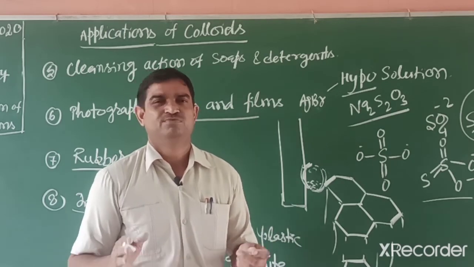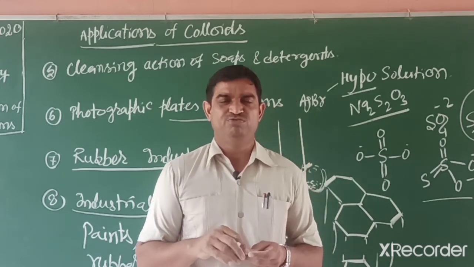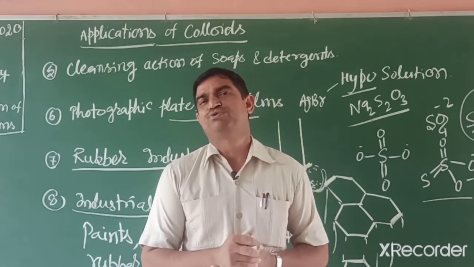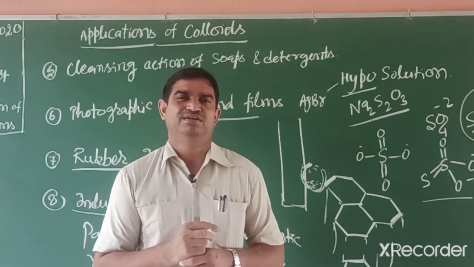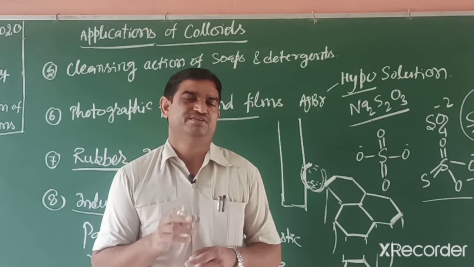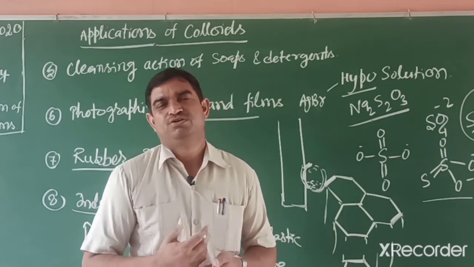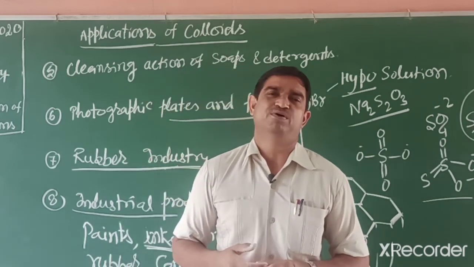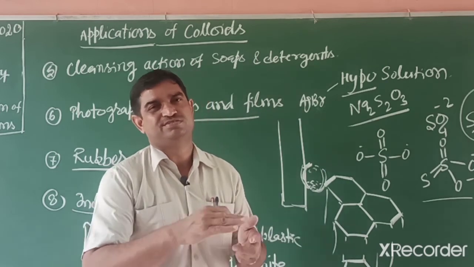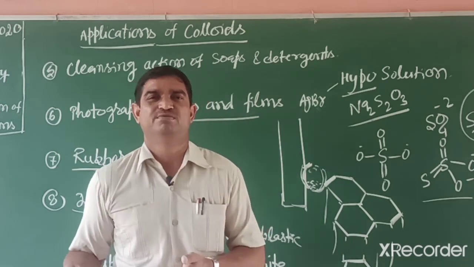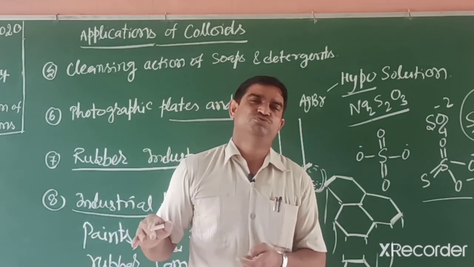Further we studied protection of colloids and gold number: the minimum amount in milligrams of a lyophilic sol needed to protect 10 ml of gold sol from coagulation by adding 1 ml of 10% sodium chloride aqueous solution. The lower the amount in milligrams, the lower the gold number, that is, the more protecting power. Gelatin has more protecting power than starch. Starch needs 20 to 25 milligrams, and gelatin 0.005 to 0.01.